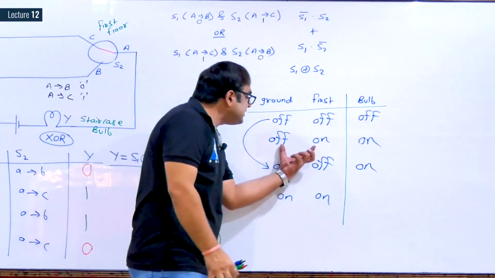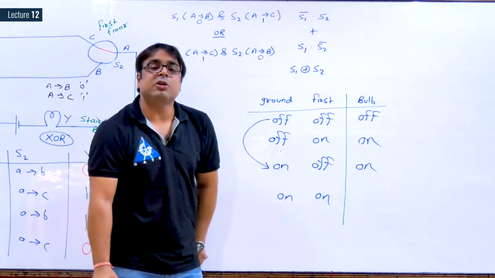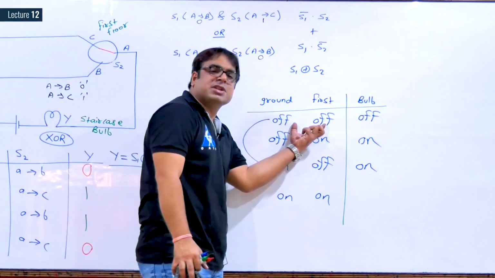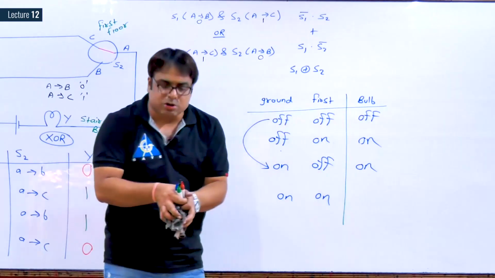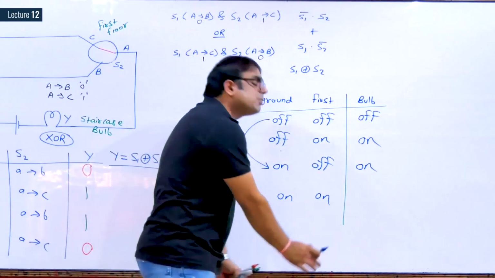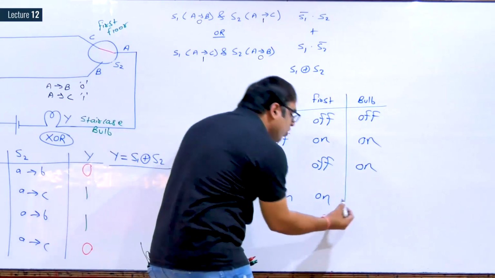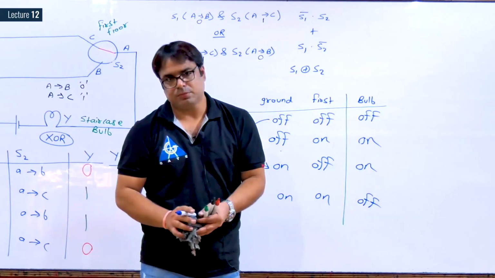then only your bulb will turn on. Whenever they are in the same state, the bulb will be turned off. And again, if you turn both the ground floor and first floor switches on, then also the bulb will turn off.